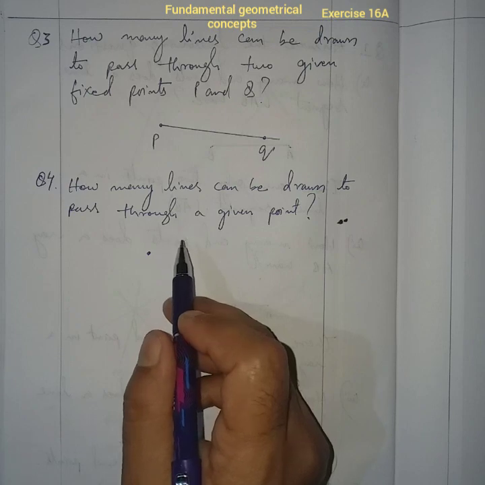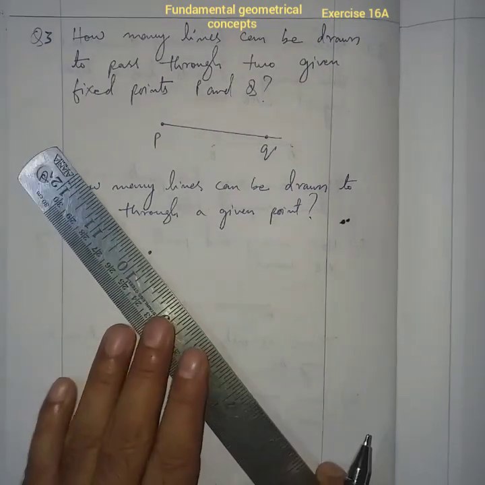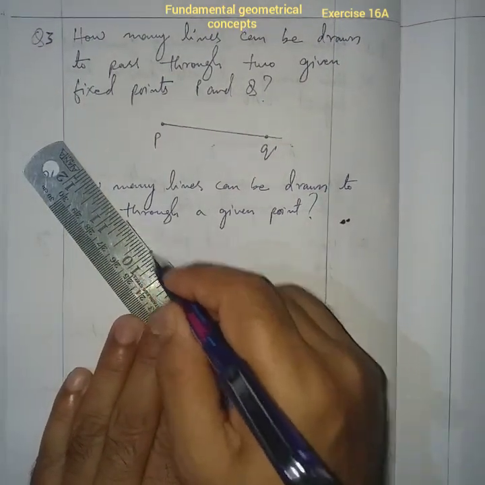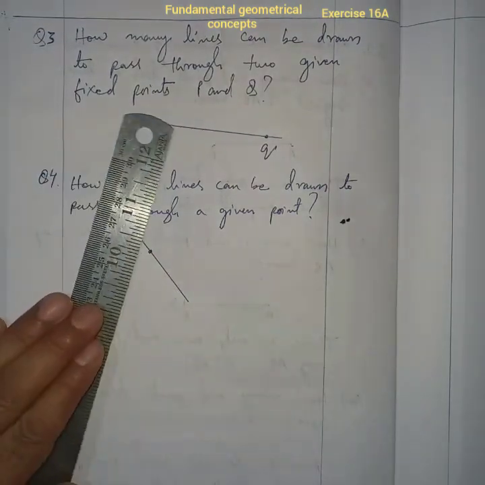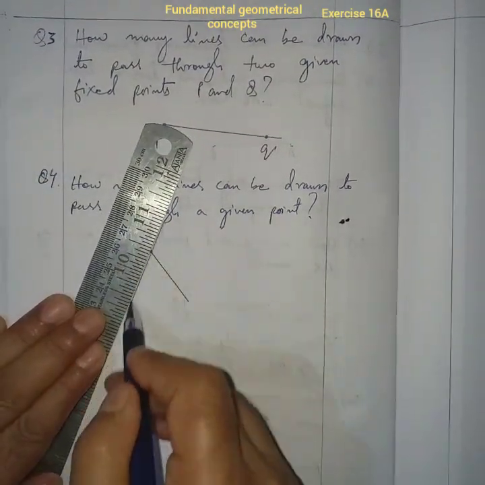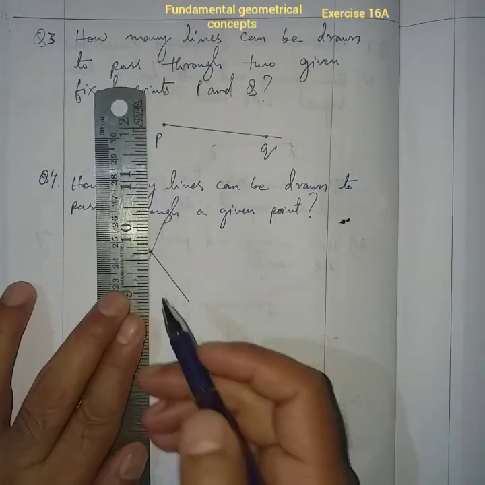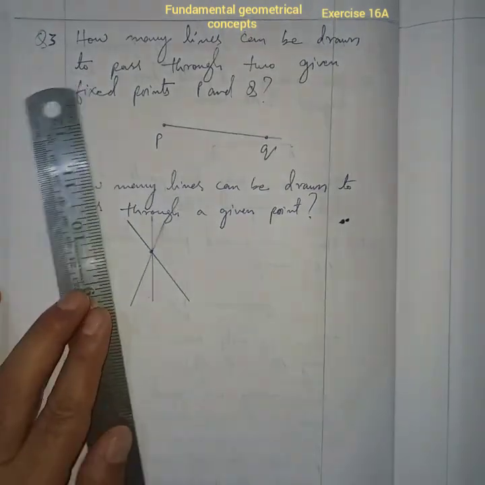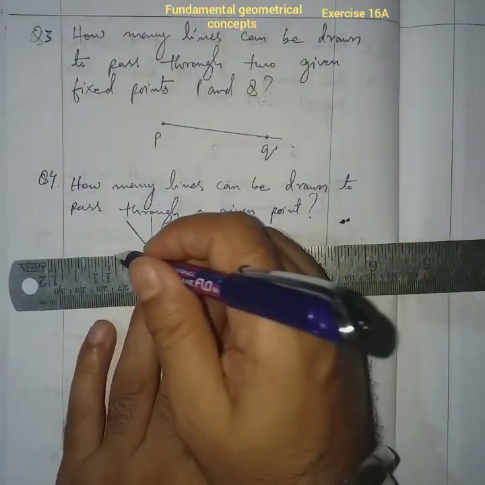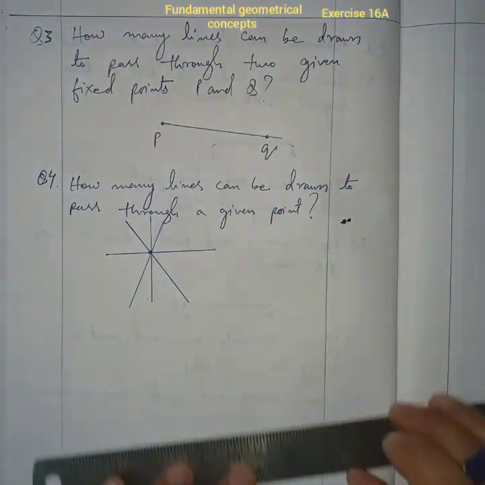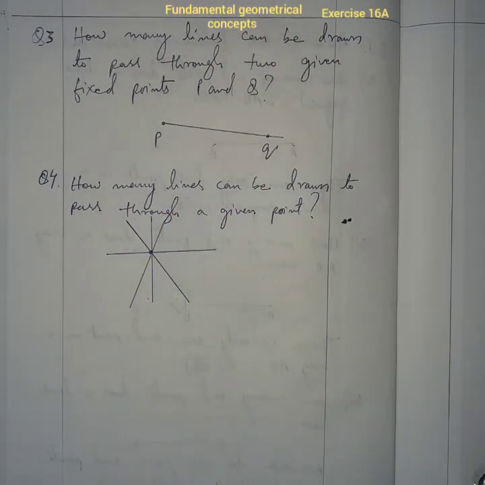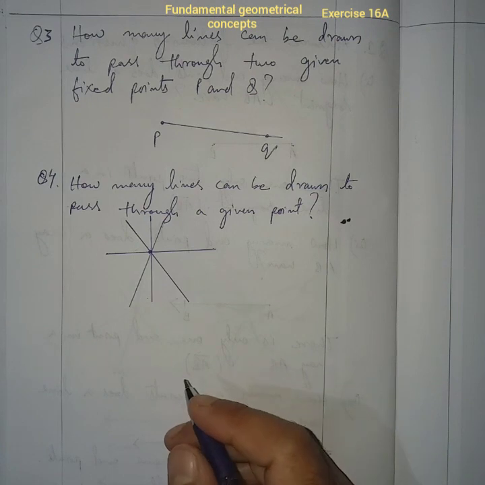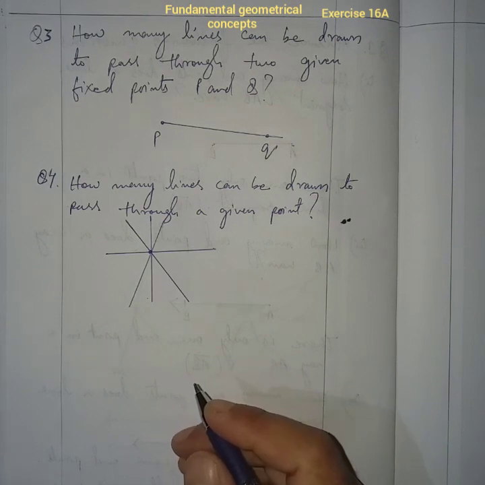Okay, so here you can see one line passed, two line passed, three line passed, four line passed. So here as many as we can draw.